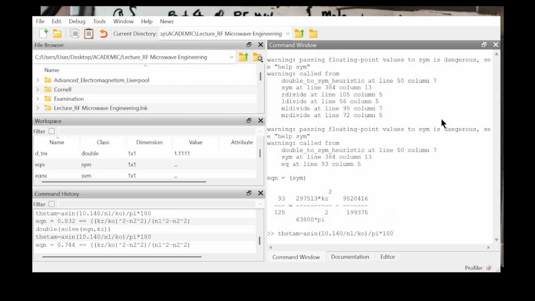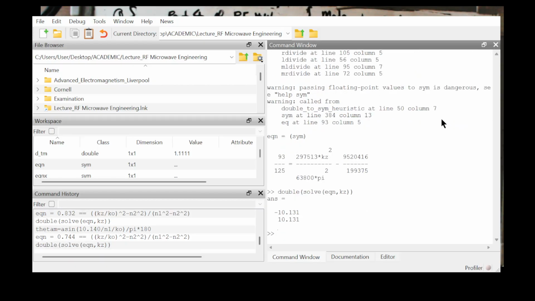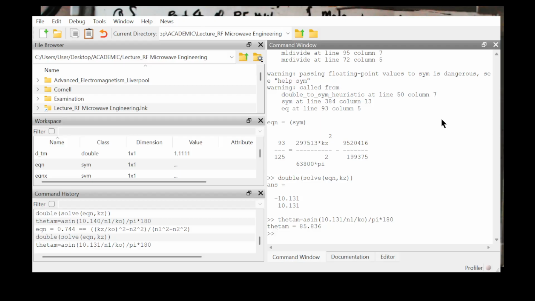And I'm going to work out the value, I need to solve for KZ first. So 10.131 and the angle 85.84.